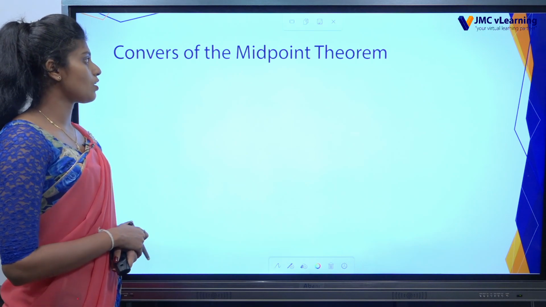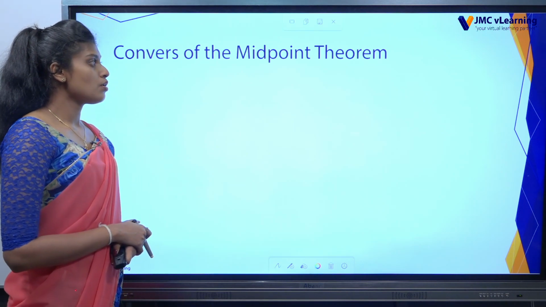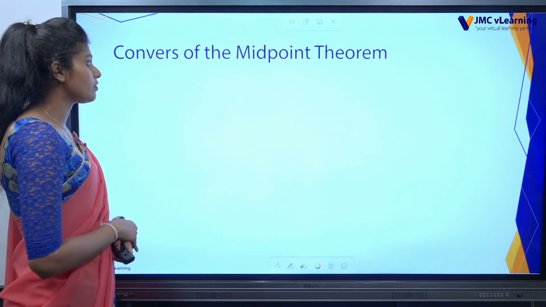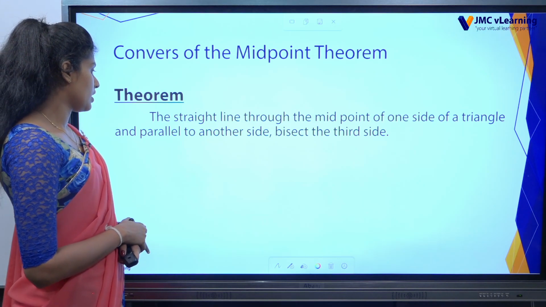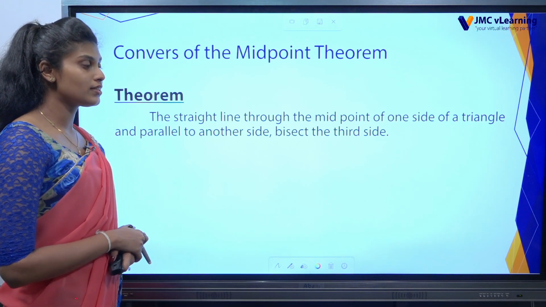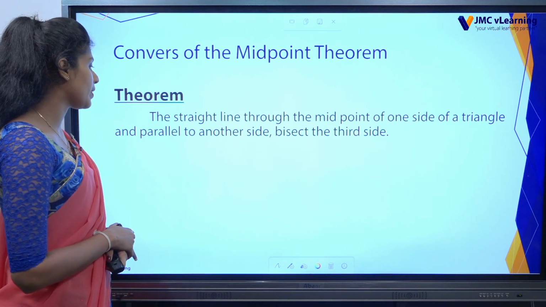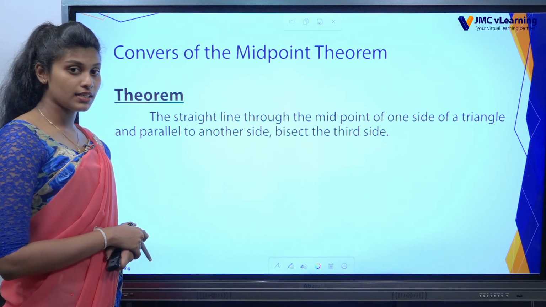Then the converse of the midpoint theorem. We are going to do the sums using the converse of the midpoint theorem. Then what is the theorem? The straight line through the midpoint of one side of a triangle and parallel to another side bisects the third side.